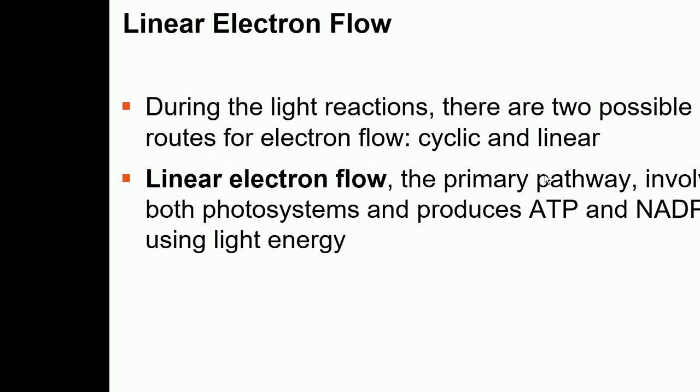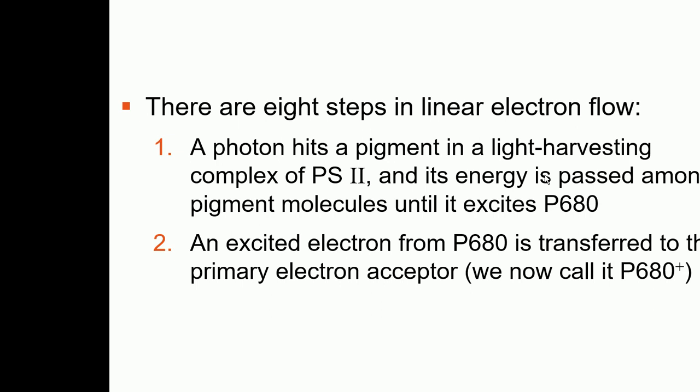And photosystem 1 absorbs light of the wavelength of 700 nanometers. There are 8 steps in the linear electron flow.